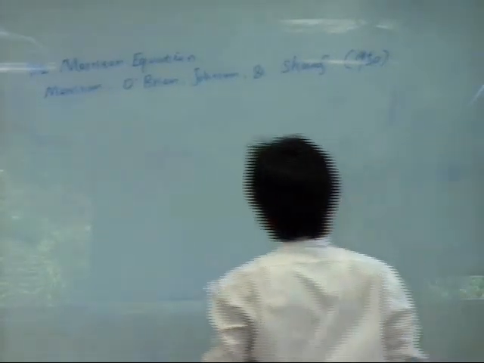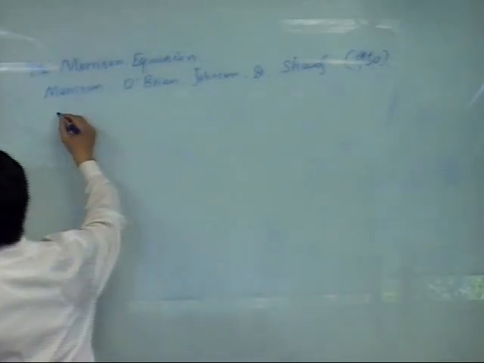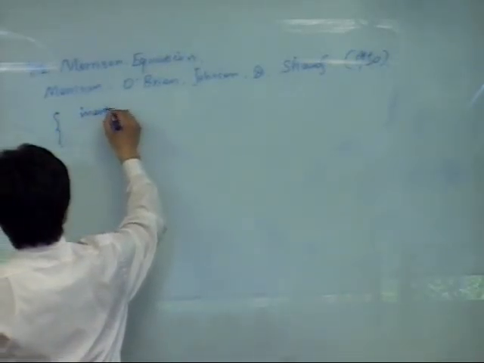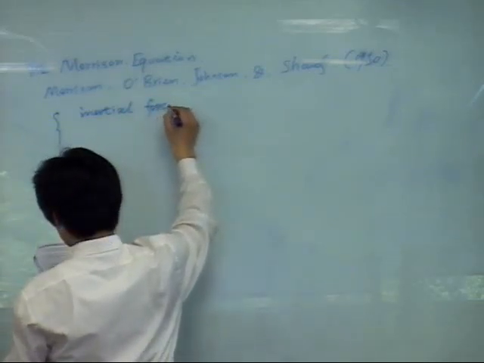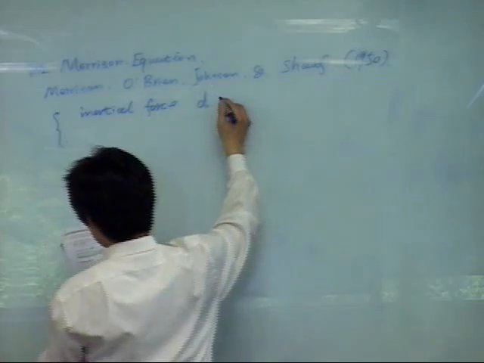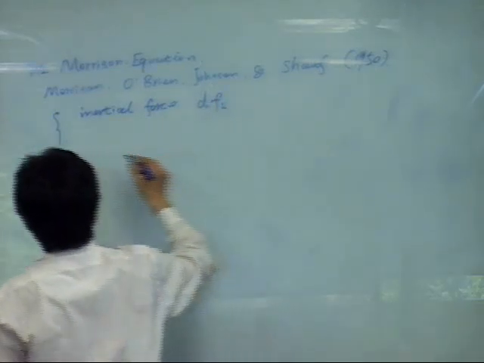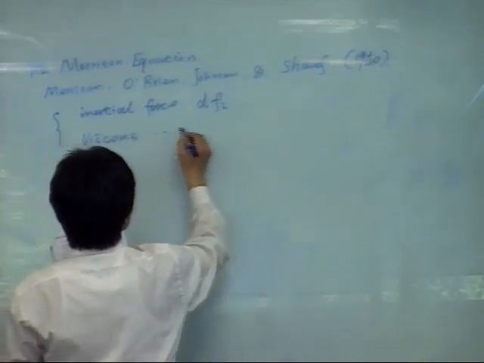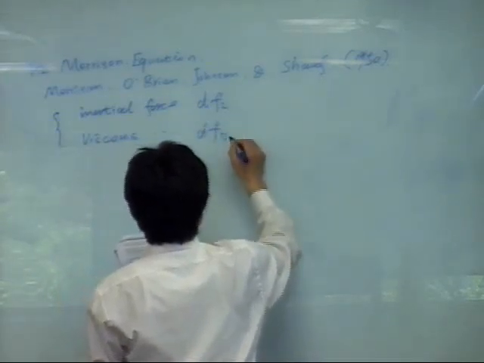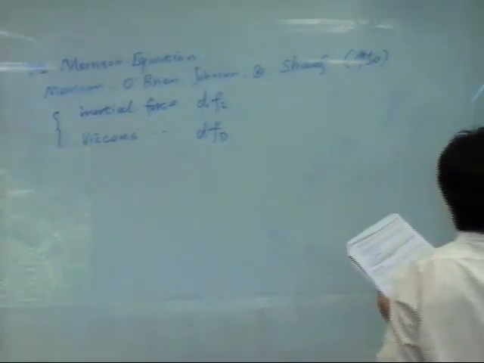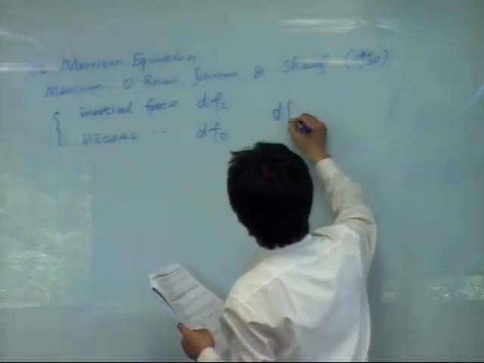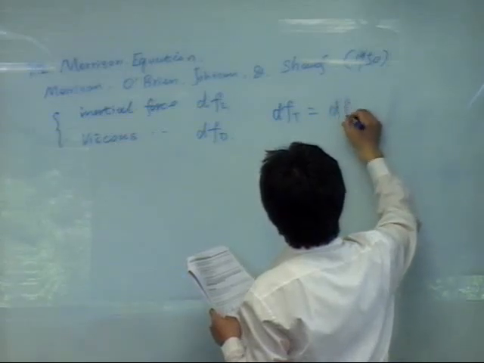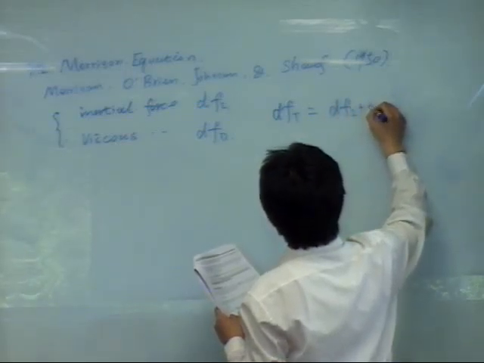They assume the total force on a surface-piercing cylinder structure shown here in a wave field can be divided into two portions. One is the inertial force, dFi, I will call it, and the other is the viscous force, or we say the drag force. So the total force dF total is dFi plus dFd.